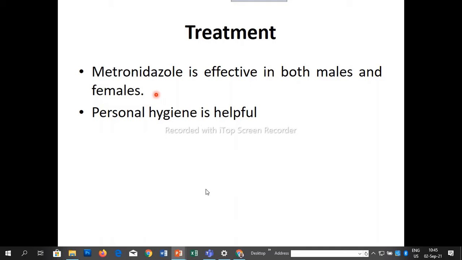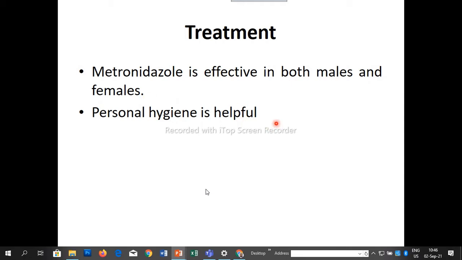However, once one partner is diagnosed of having this parasite, it's better to treat the whole couple because it's a sexually transmitted disease. If one of the couple is infected, most likely the other one is infected too, either a carrier or asymptomatic, and will again start a new infection.